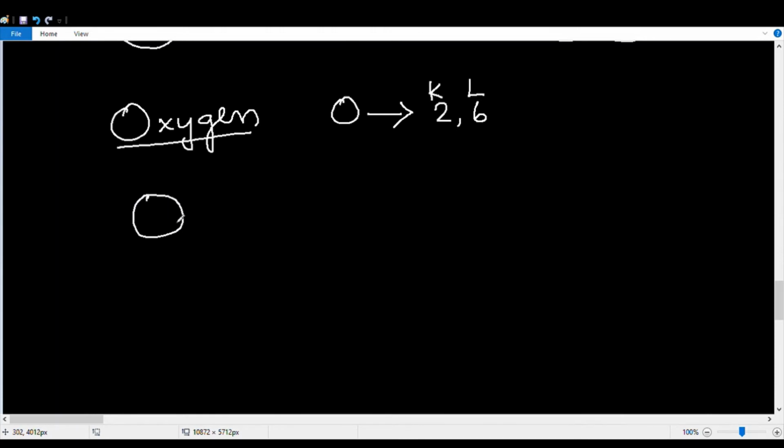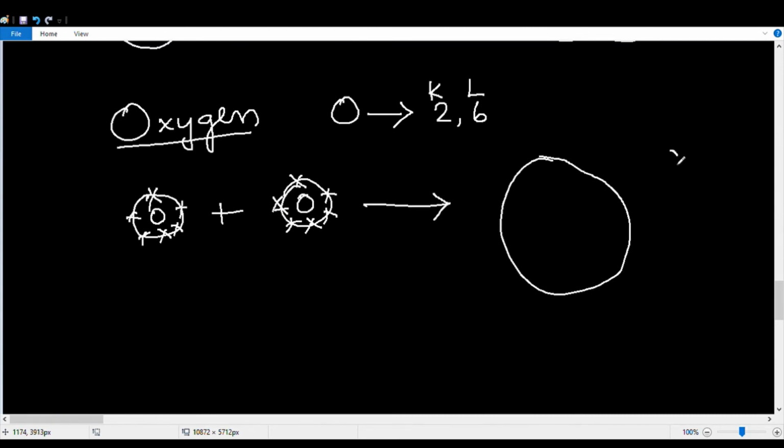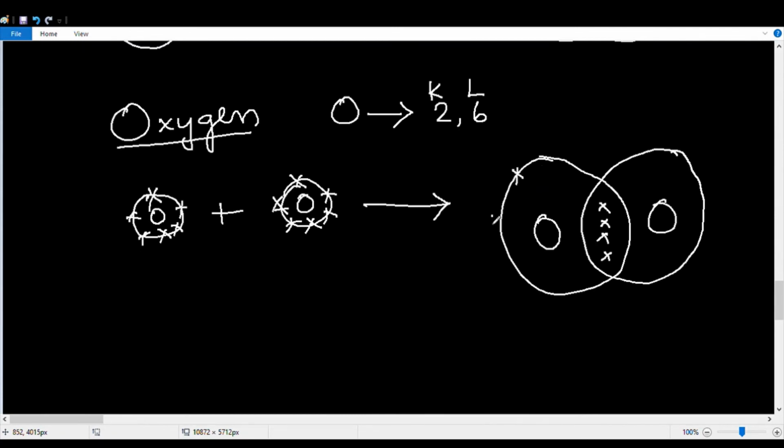So each oxygen has 6 outermost electrons, and they share, each contributing 2 electrons, so both reach 8. So oxygen has a double bond.